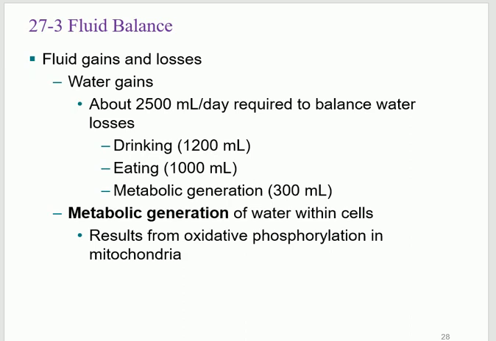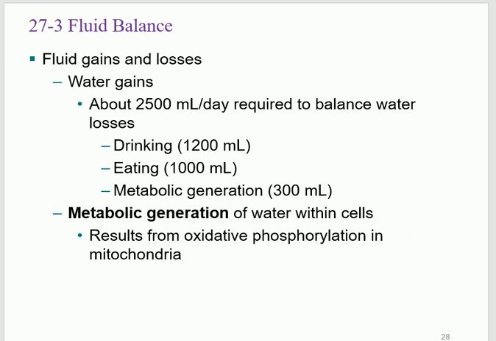Okay. Where do we gain water, and how do we lose water? We gain about 2.5 liters per day, which is what we need, and this is an average. About 1200 milliliters come from drinking.